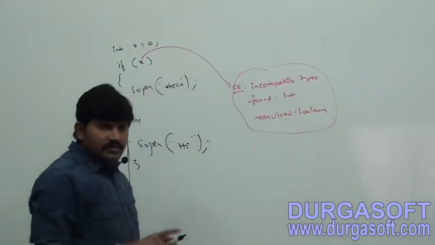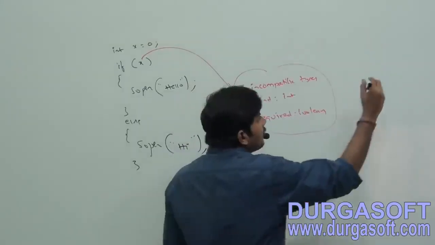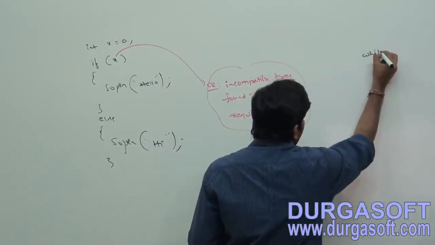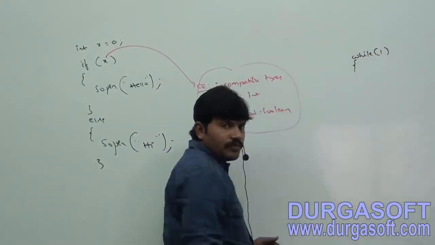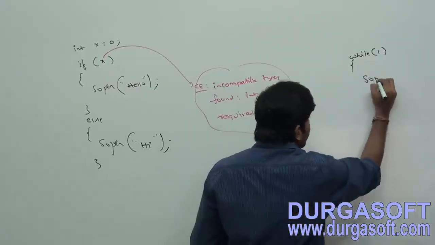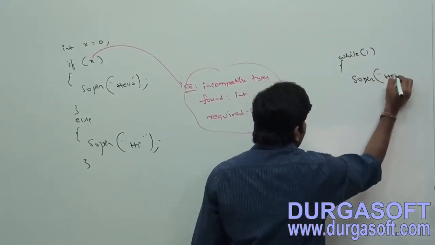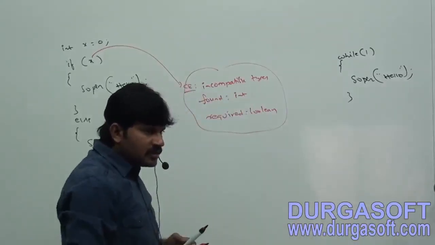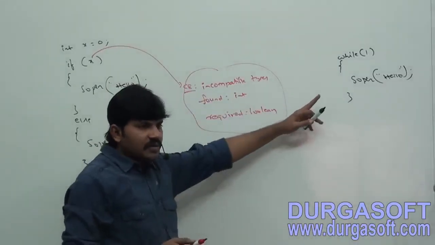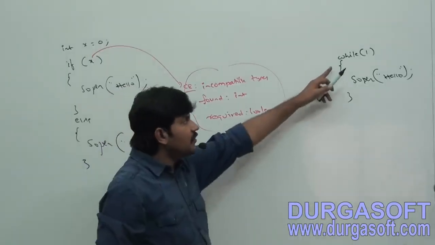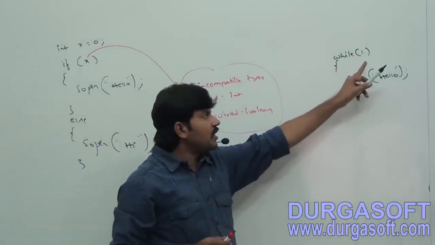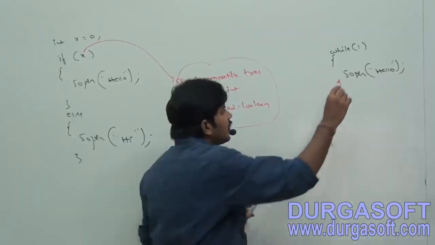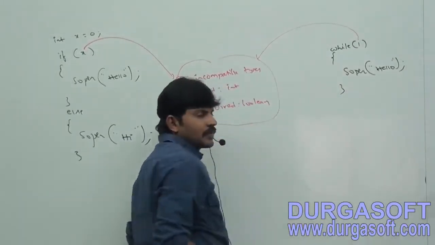We covered these while covering the Boolean data type. Same here: while of 1, System.out.println of hello. Is it valid or invalid? Invalid, because while is always expecting a boolean, but instead we provided an int.